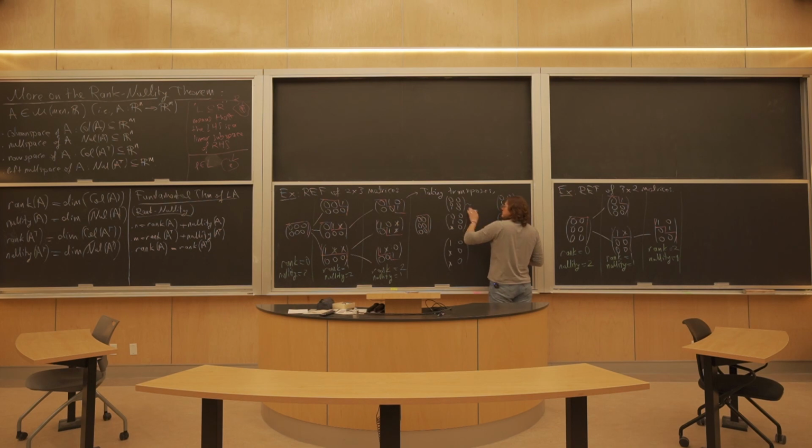So this is row equivalent to this matrix. 1, 0, 0, 0, 0, 0. This is row equivalent to the same matrix. You see, I can take this, and whatever this number is, I don't care. I can always use this to get rid of this entry. And then I can swap things to get this again. And likewise here. This is already at a very nice position. I can use this to get rid of this entry and this entry.